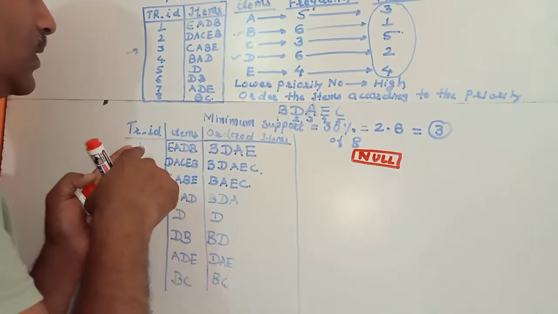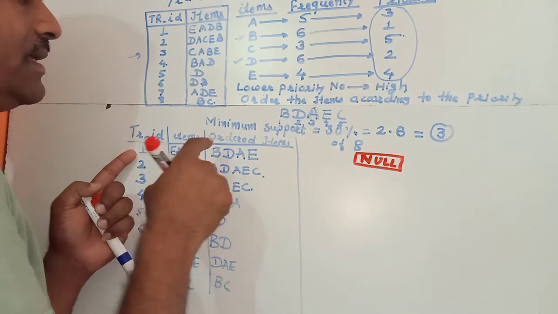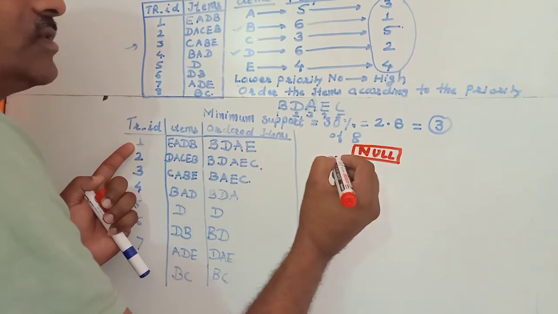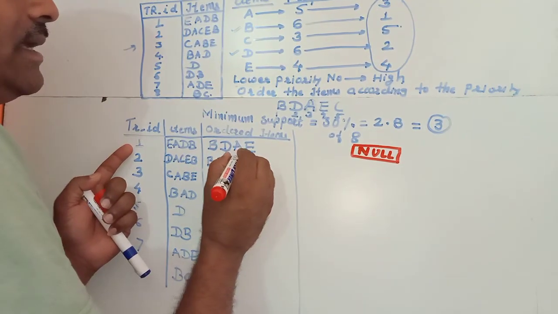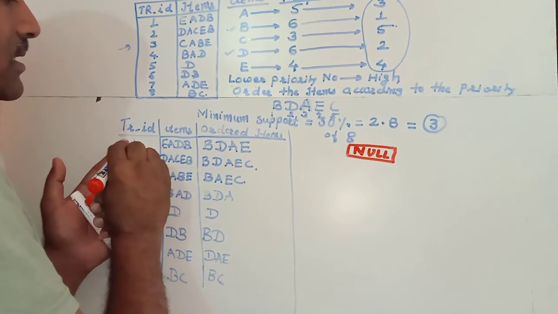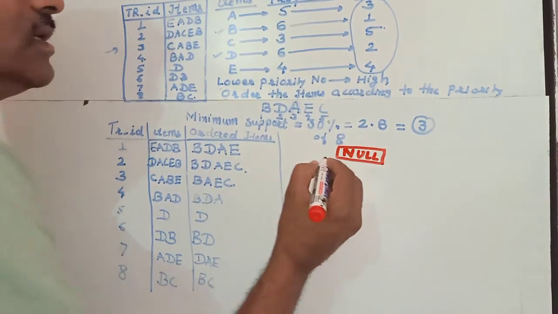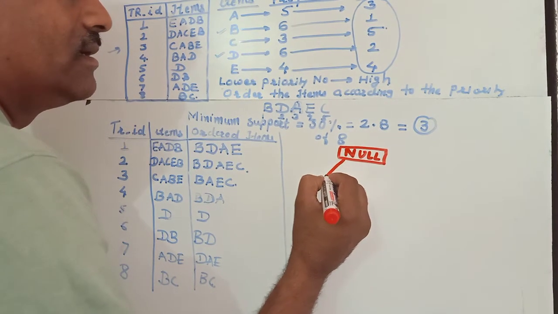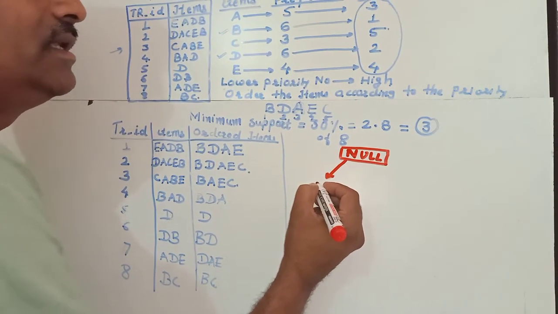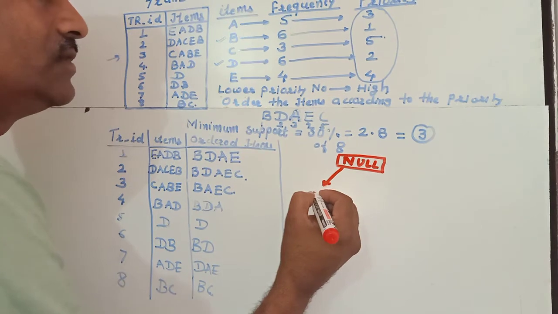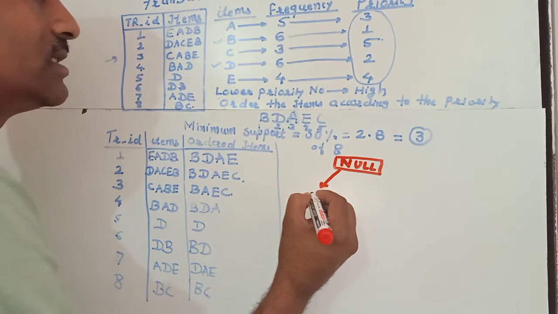Now if we look at the first transaction ID, the new ordered items are B, D, A and E. So let us start expanding the items which are present in the first transaction ID.